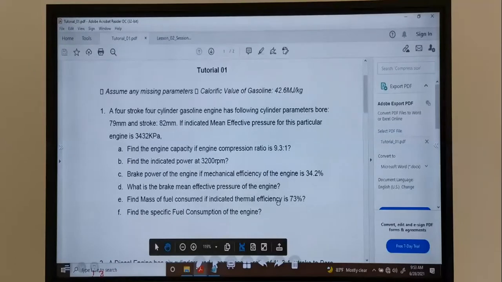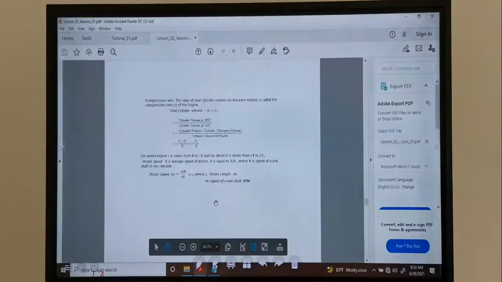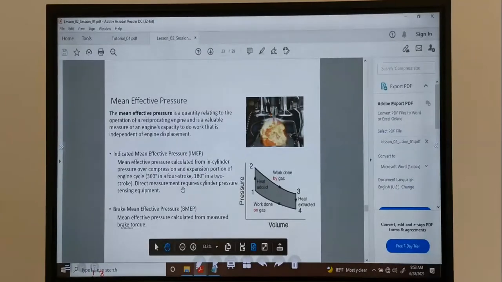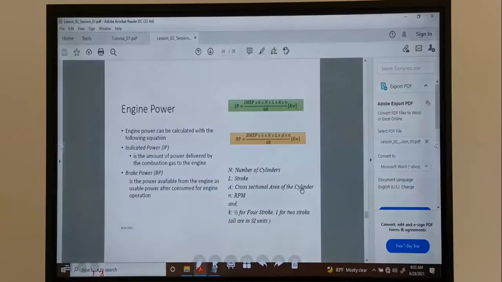So the second one is, find the indicated power at 3200 rpm. I told that equation, this indicated power equation. The indicated mean effective pressure is related to indicated power.